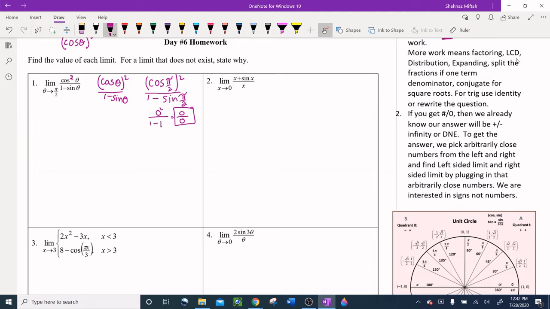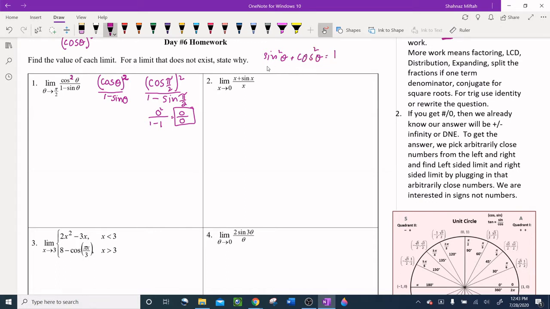More work means factoring, least common denominator, distribution, expanding, split the fraction if one term denominator, conjugate for square roots. For trig, use identity or rewrite the question. I already rewrote the question, but I have to see what identity to use. When I see the square on the cosine or sine, I quickly remember my Pythagorean identity, which was sine square theta plus cosine square theta equals 1.